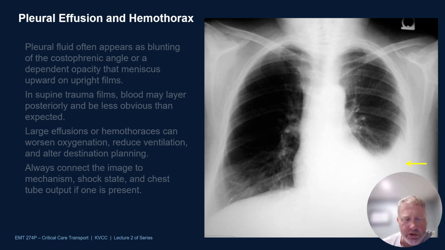So, with the pleural effusion or any kind of fluid accumulation, the pleural fluid itself often appears as a blunting of the costophrenic angle or a dependent opacity that meniscus upward on upright films.